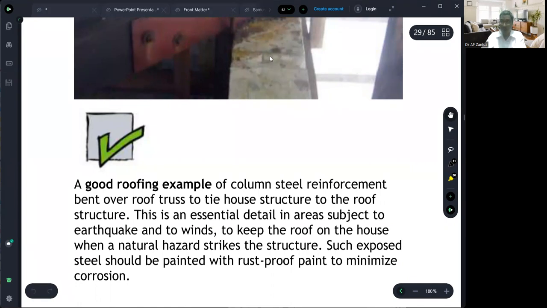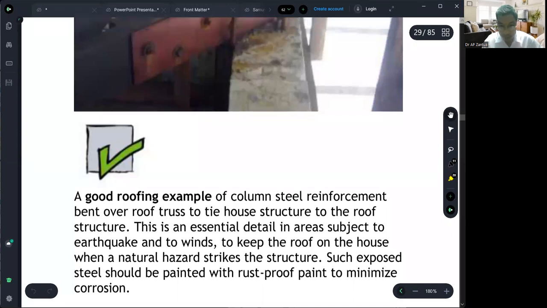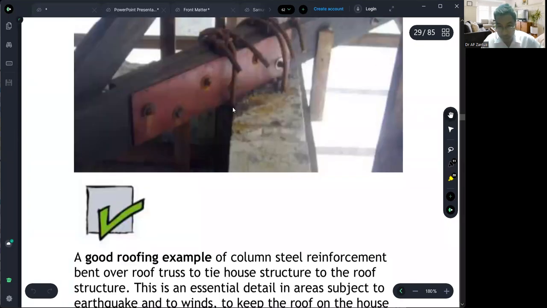I was not able to see the column itself, but it seems that there is a column there. So this reinforcement is an extension of the column reinforcement.